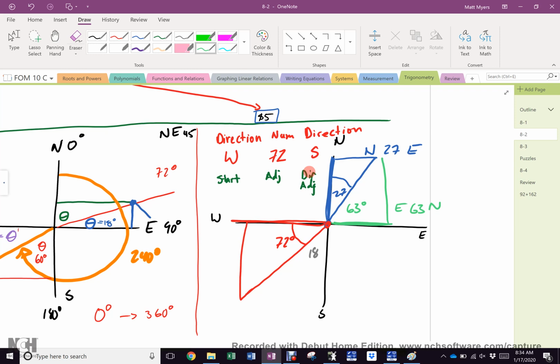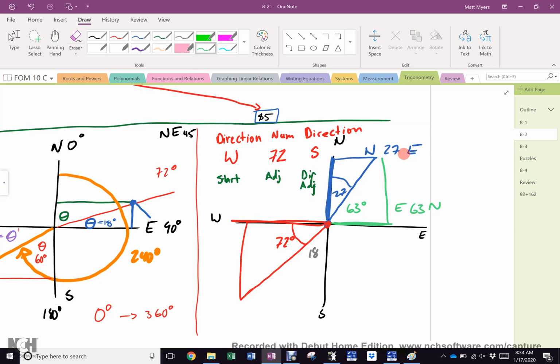Left or right? The right? This one needs direction, number, direction. I said I'm walking away at 18 degrees, so it's going to be the one on the left, right? The one on the left, correct?